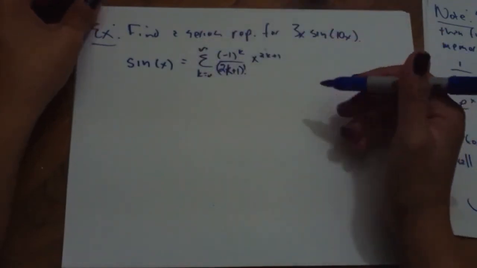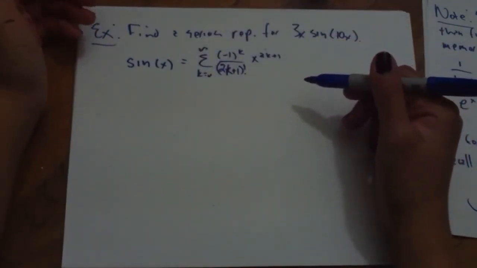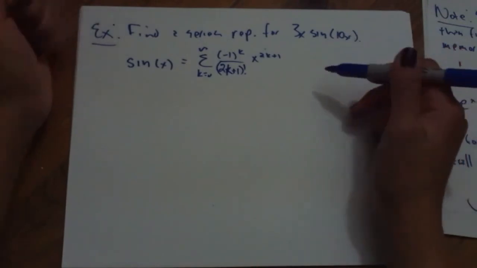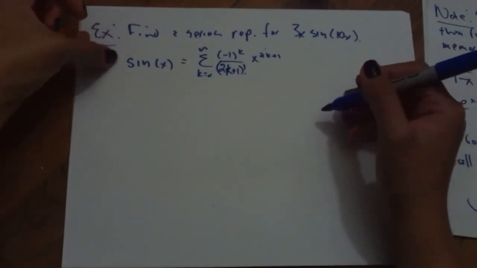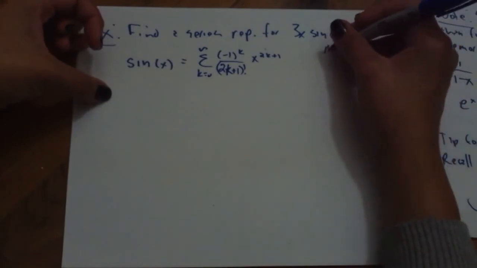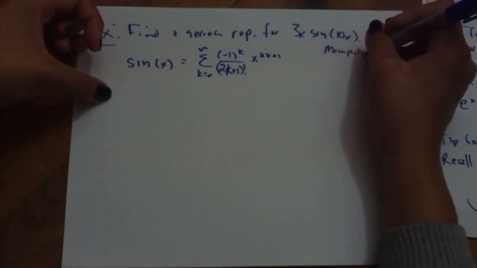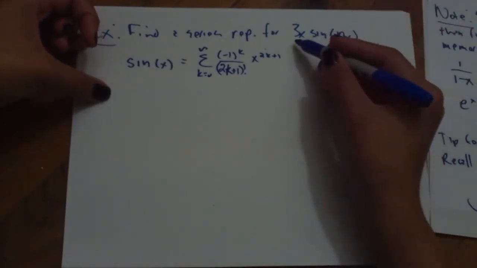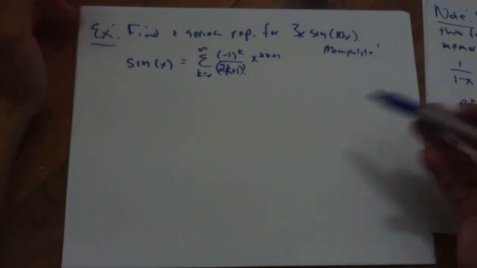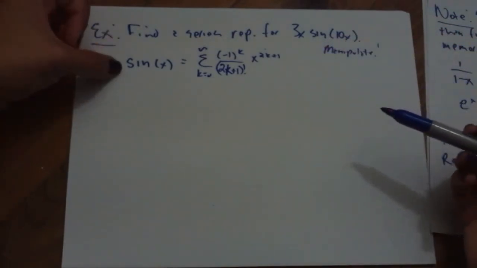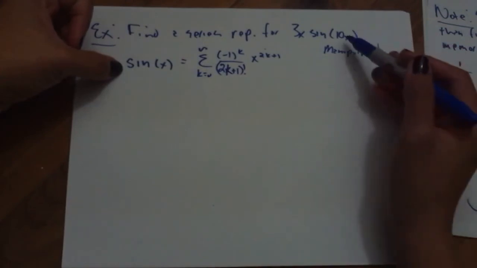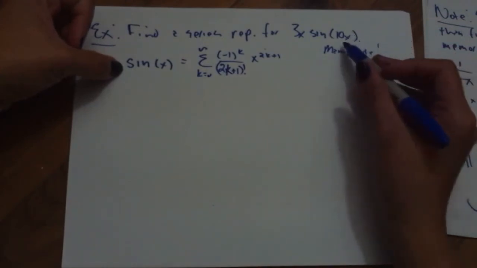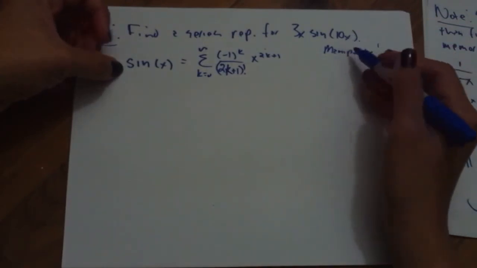What you have to do is figure out how to manipulate both sides to get it to look like this. Now notice one of the things that we did to manipulate this. This is probably going to be a lot faster than trying to take derivatives and figure out patterns from scratch. Just start with the thing that you know and twist this into this function. One thing you needed to do is plug 10x into both sides.